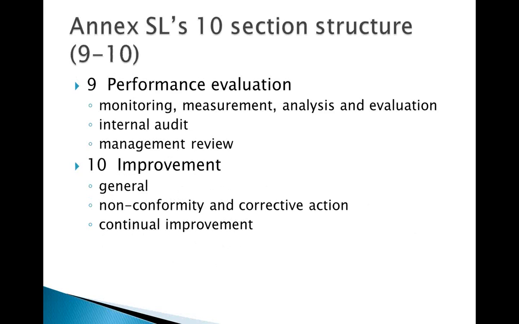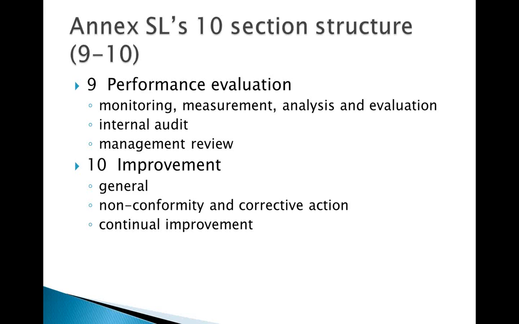And then Sections 9 and 10 are linked as well, and these speak to all of the various ways that an organization can control and monitor what it's doing, right? You have internal audits here, management review is here, analysis of customer satisfaction information is here.